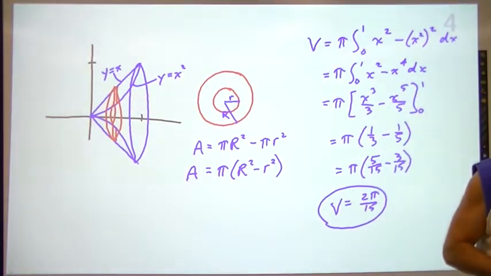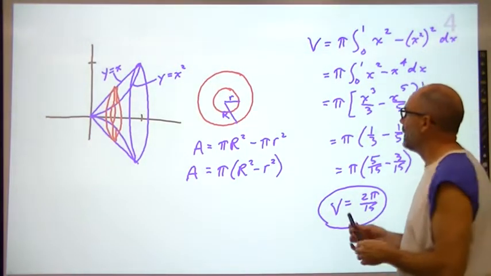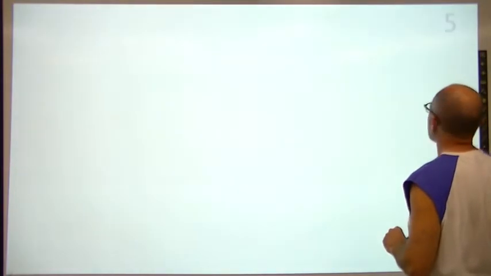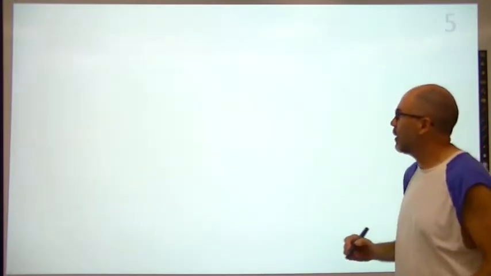So let's take a look at example 5. Oh yeah, that's going to be lovely. Okay, so we've got the volume of the solid obtained by rotating the region that we just had about the line y equals 2.